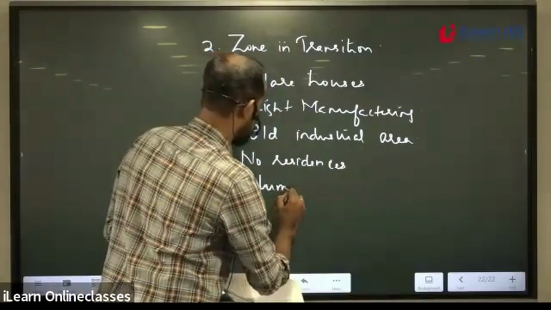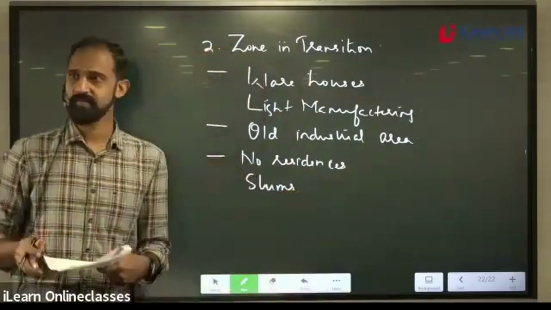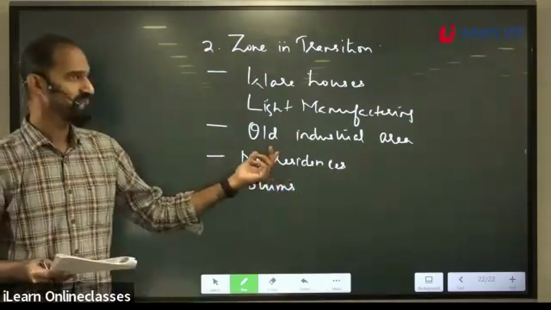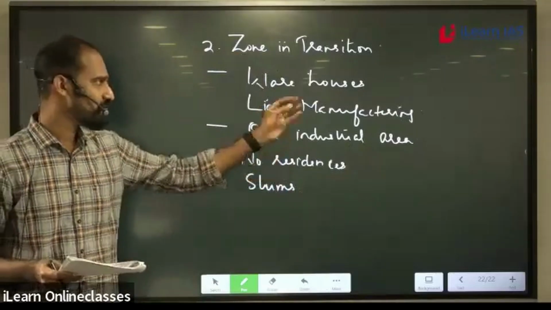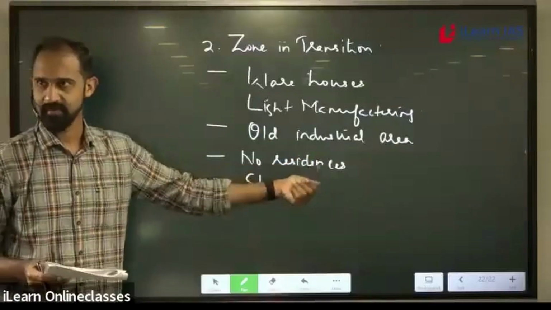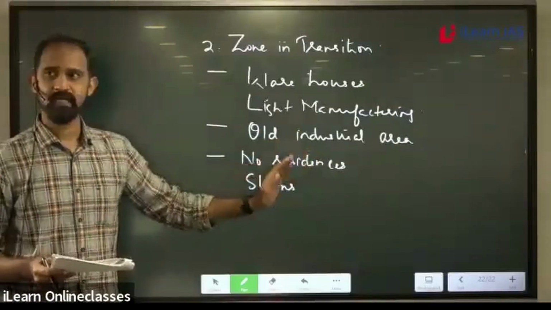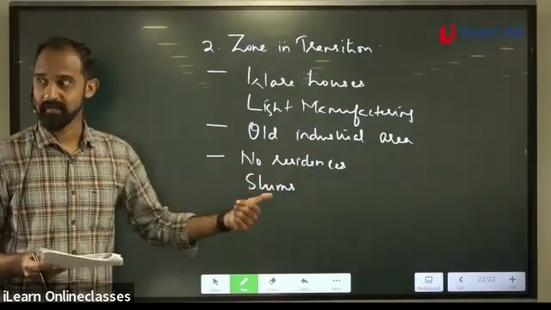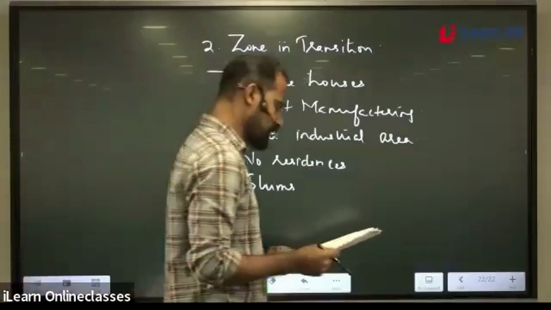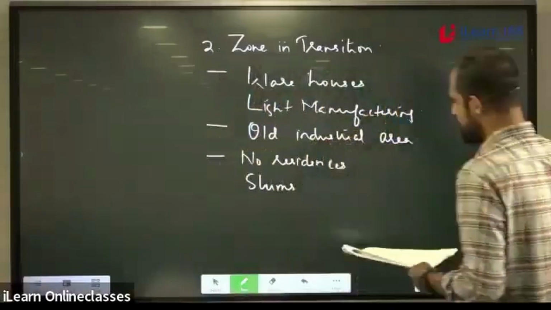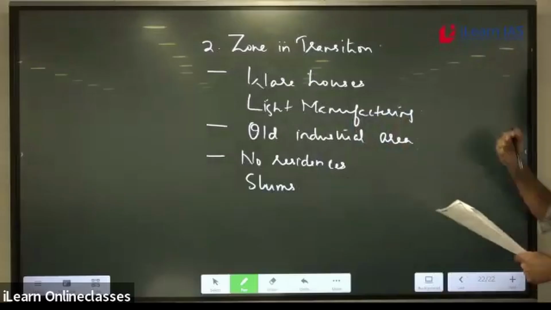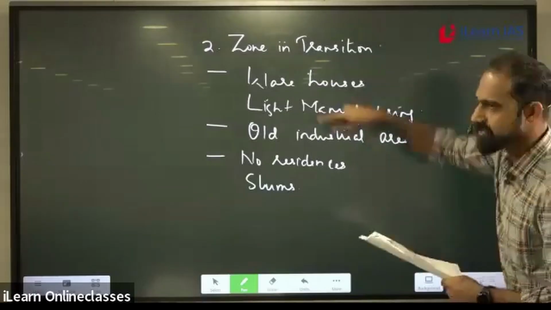There is a possibility for slums because here the land value will be less, as this land is usually used for these activities. Commercial activities will not be there, residential activities will not be there. So the land value will be less and there will be vacant land here and there. That may be used for starting a slum. Okay, so this is the zone in transition. This zone separates the CBD and the rest of the area.